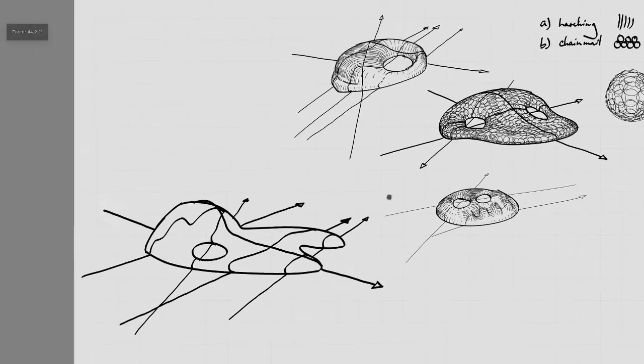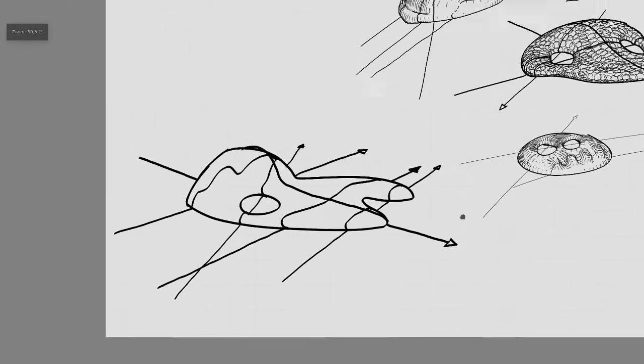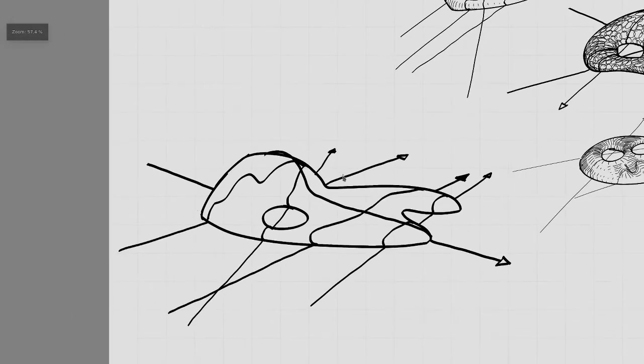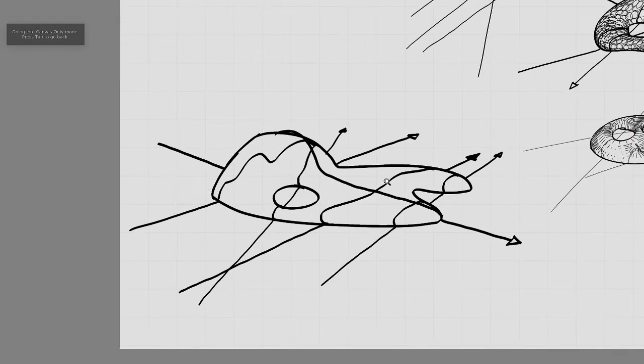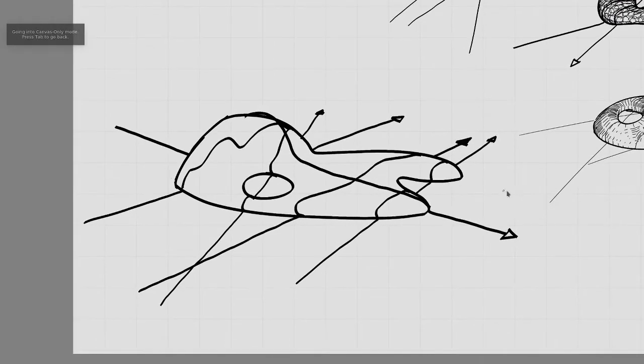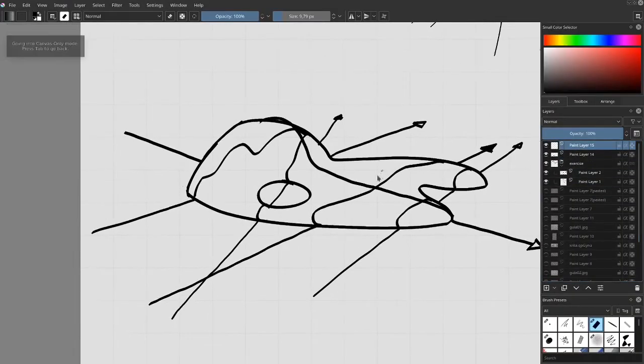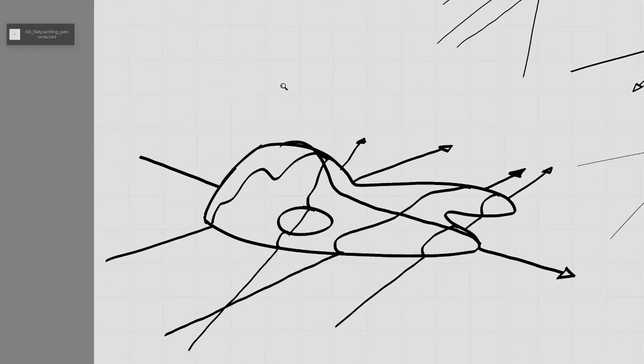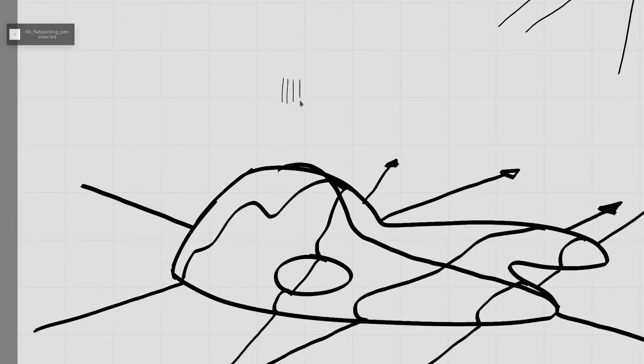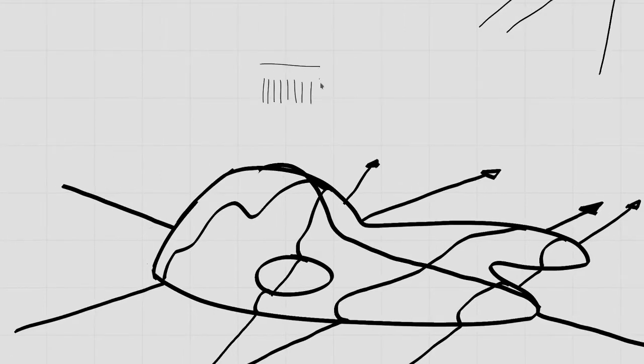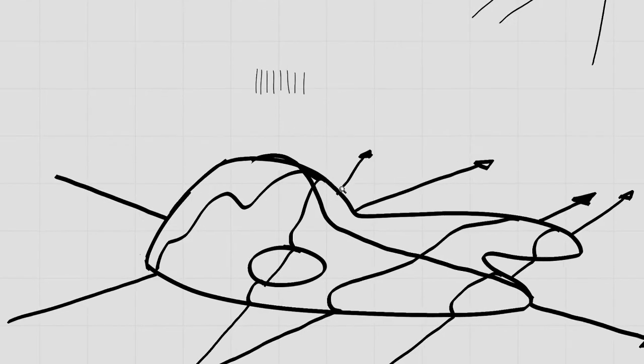So how do we do this? Let's start with hatching. It's the easier one. Hatching is lots of lines spaced at roughly the same size and roughly the same width in between them.